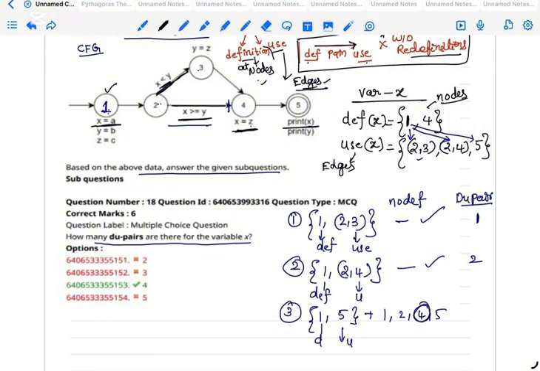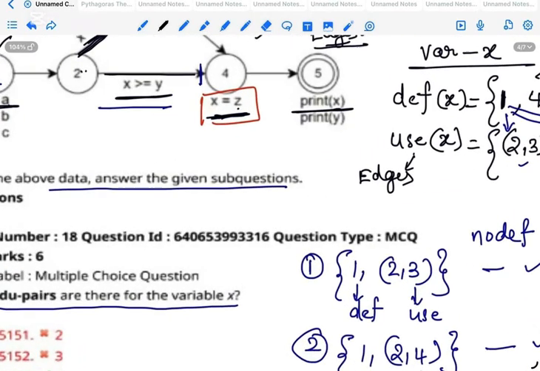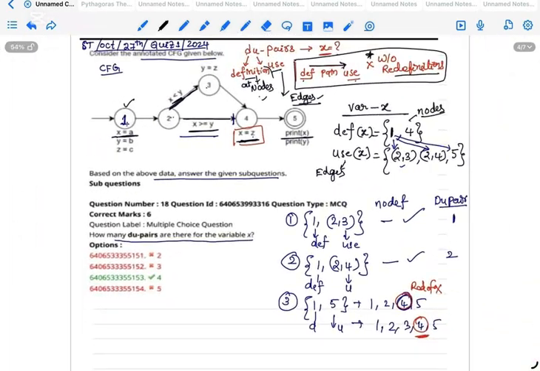Here there is a redefinition of the variable x at node 4, that is x equals z. So 1 to 5 is not a du pair.